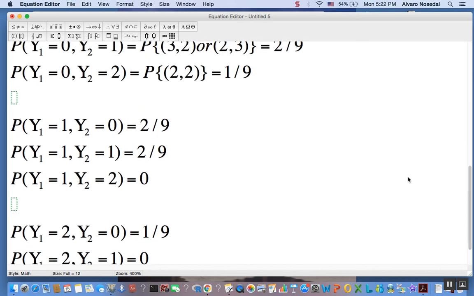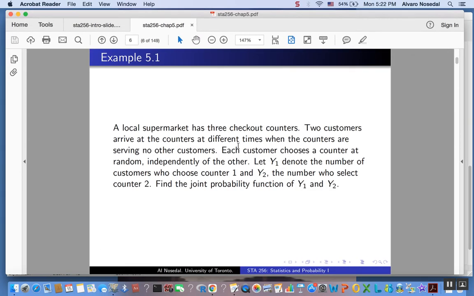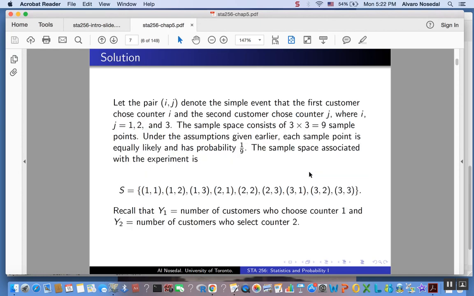Okay, let me quickly go back to our lecture notes so I can show you that in our lecture notes what we have is a different version of what we just did here together, especially the way that we expressed the joint probability function.